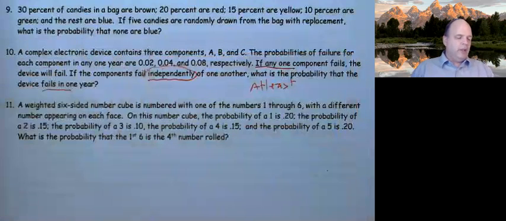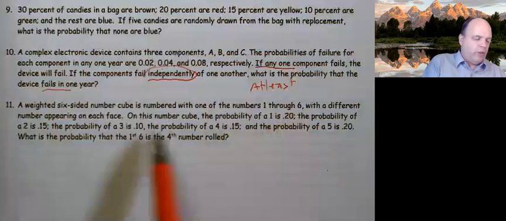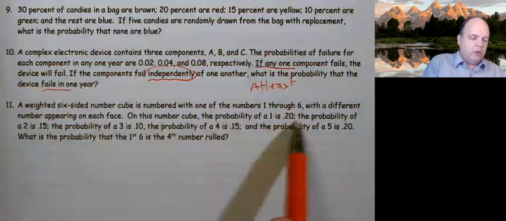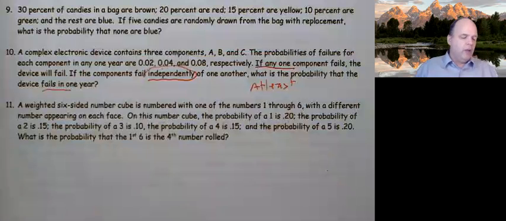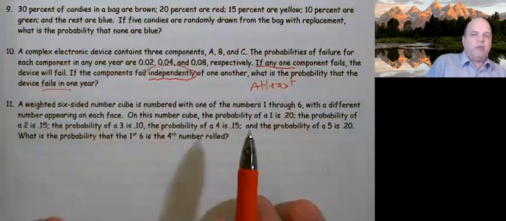Okay, number 11. A weighted 6-sided number cube is numbered with numbers 1 through 6, with a different number appearing on each face. On the number cube, the probability of 1 is 0.2, the probability of 2 is 0.15, probability of 3 is, etc. What is the probability that the first 6 is the fourth number rolled? So let's look at this.